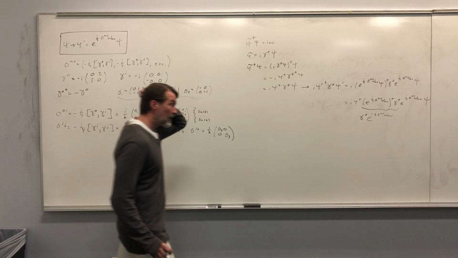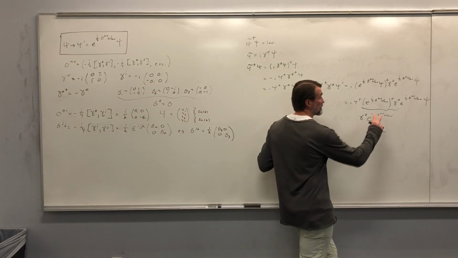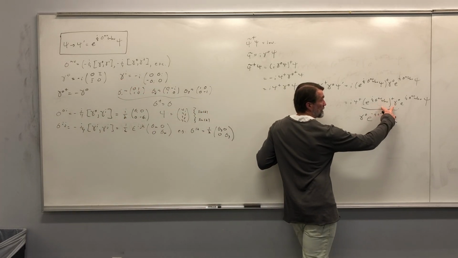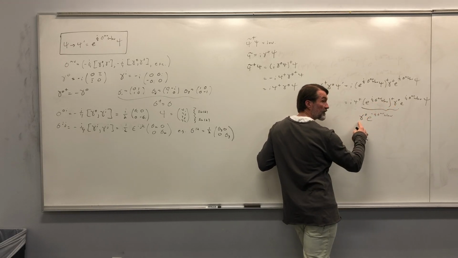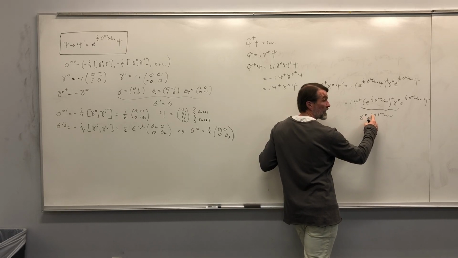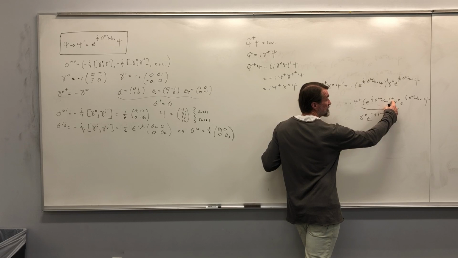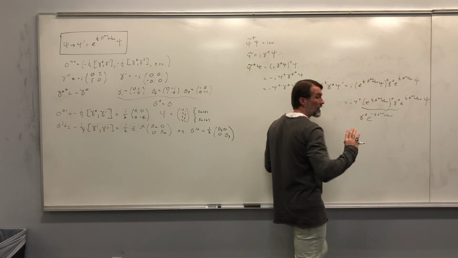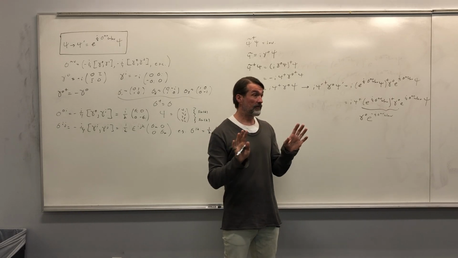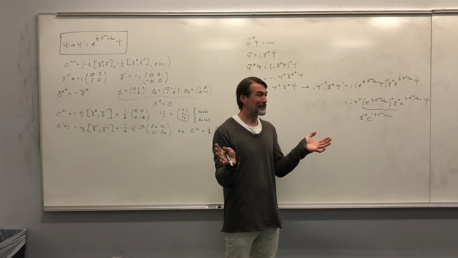So notice what happened. In evaluating this, you can actually swap the gamma 0 to the other side, but in doing that, you pick up a minus, and this is with the transpose enacted. Now, that might look a little confusing. That's why you're going to work it on your homework.